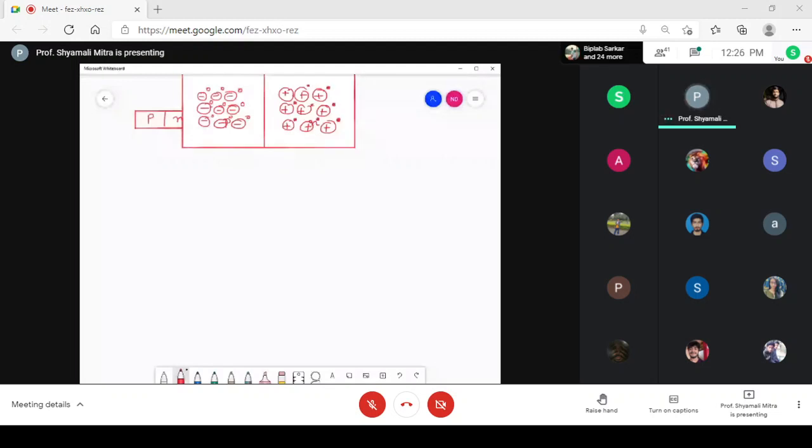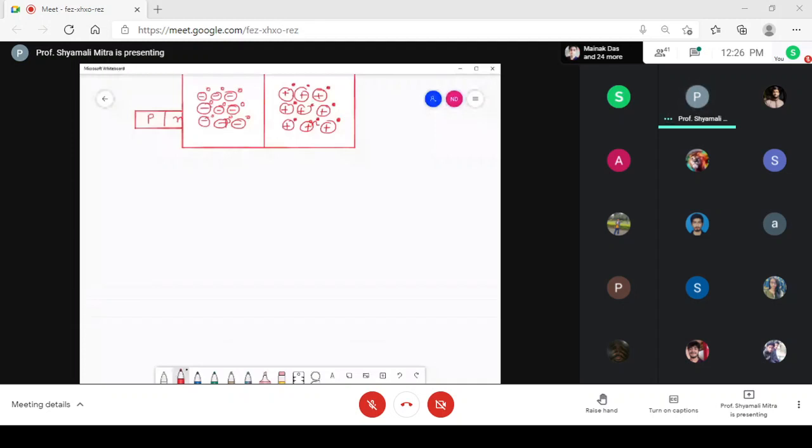Now we are considering this material at T equal to 0 K. Let us first consider these two are not joined.